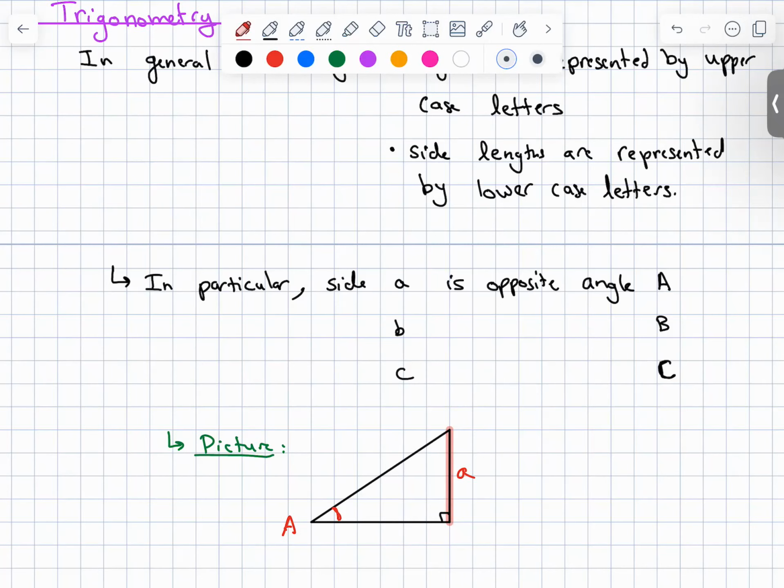Now, how do I know that it's opposite? Imagine you were to draw a line bisecting angle A straight out. The side length that you touch is the opposite side.